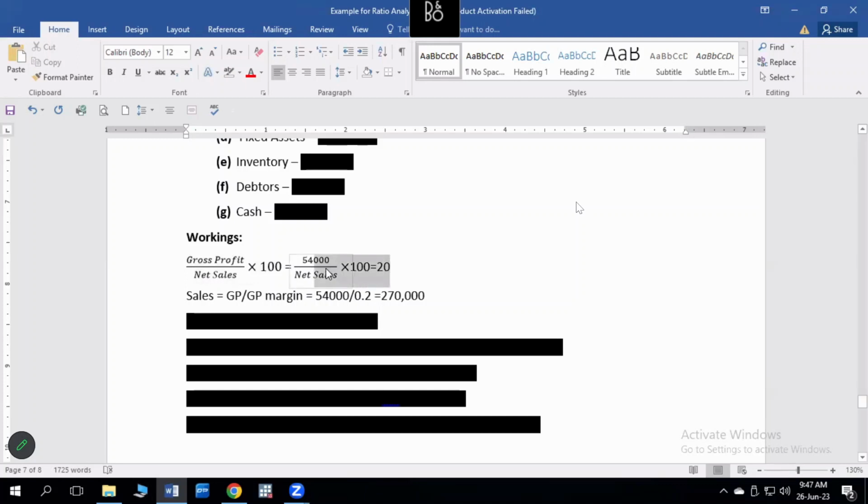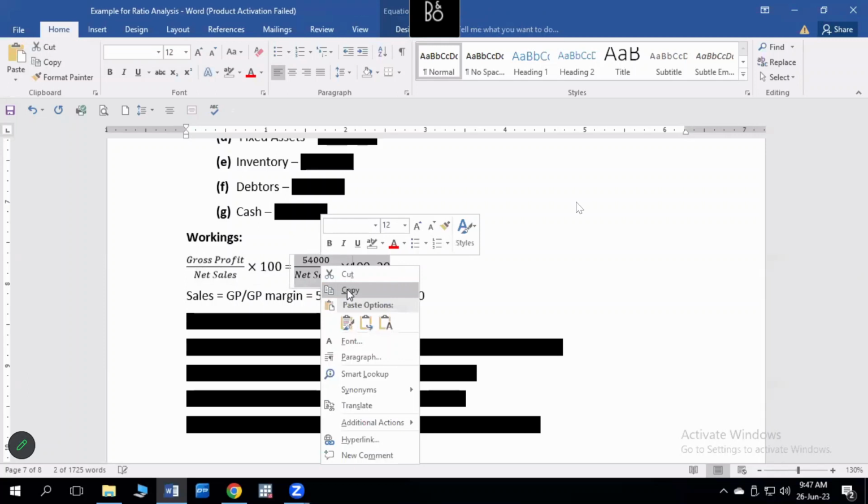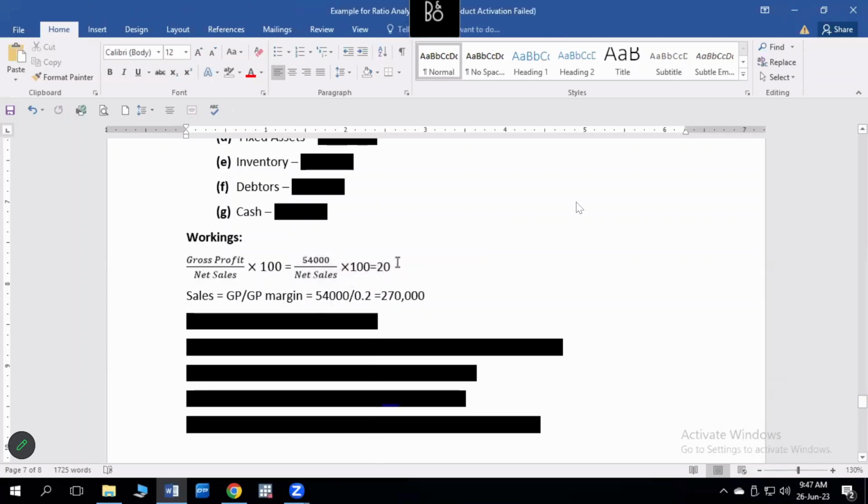So you can simplify it. You can simplify it without the multiplier. So without multiplier, you can put it as 0.2. So the rearranging is this one.